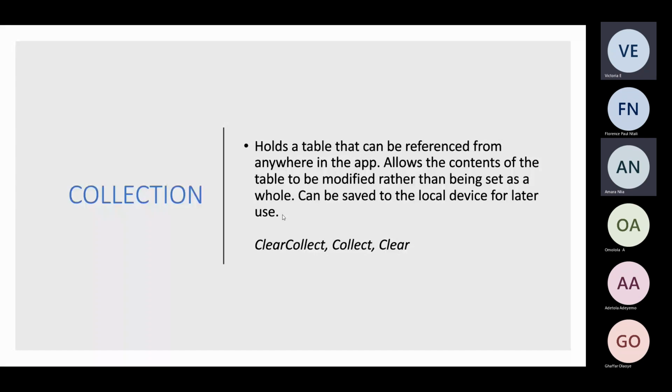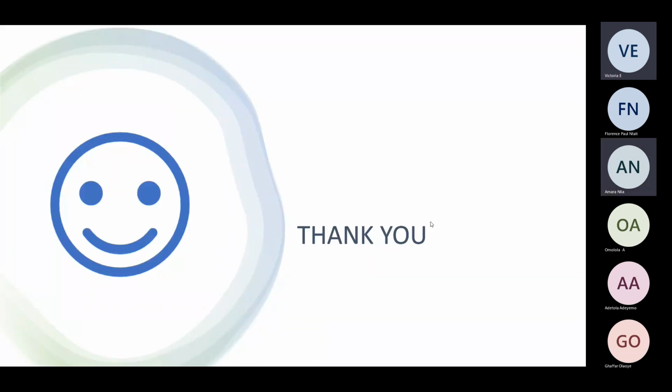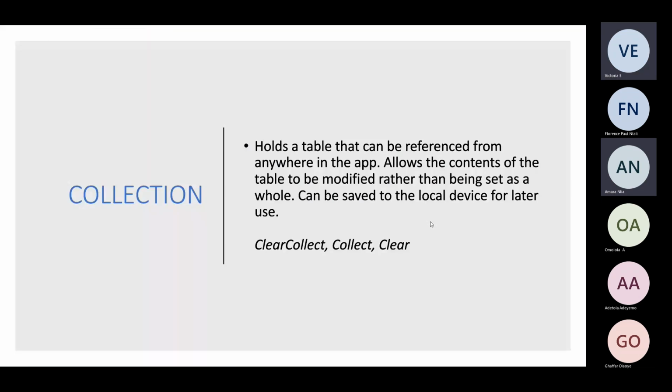You would use Collect to add to what you already have in the table, add multiple rows and all. But when you use ClearCollect, that means you're clearing what is there and adding other new rows. While Clear is used when you want to totally clear everything that is in the collection. As we proceed in this training, you will understand when you have to use all of these.